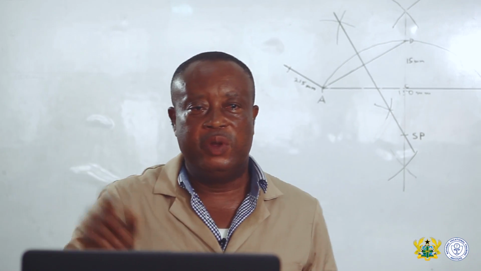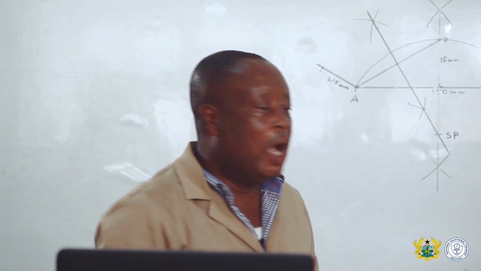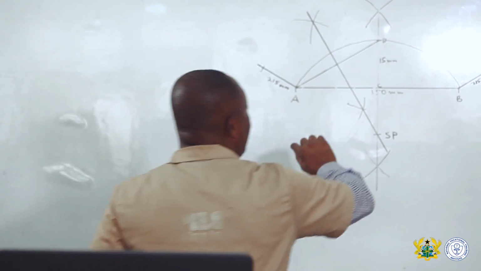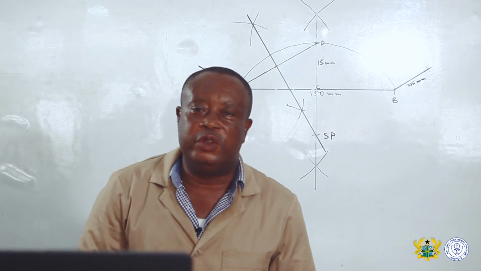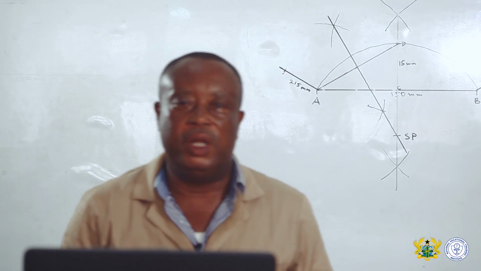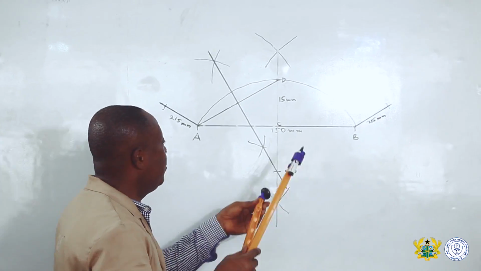With the same striking point, you will be able to draw your external curve, referred to as extrados. Our internal curve is called the intrados, and our external curve is called the extrados.